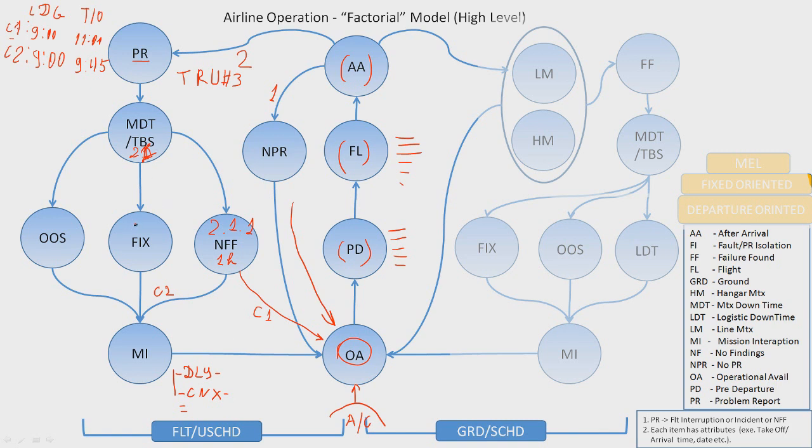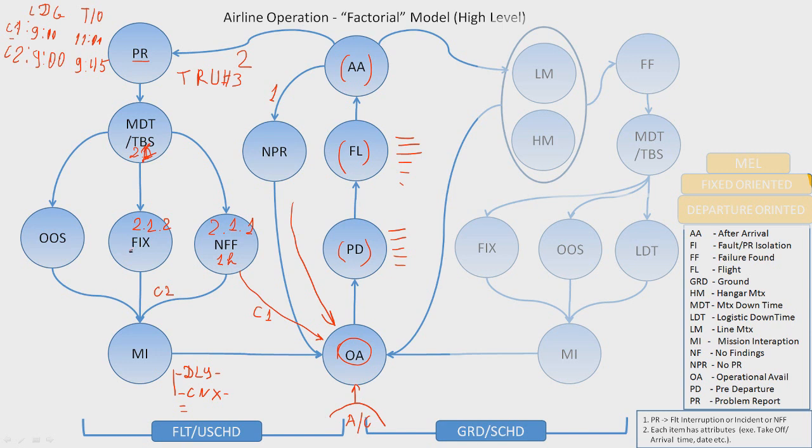State number 2.12. The mechanic says, okay, again we have a PIREP: TRU number 3 is not working. The mechanic did a test and confirms that TRU number 3 is not working.